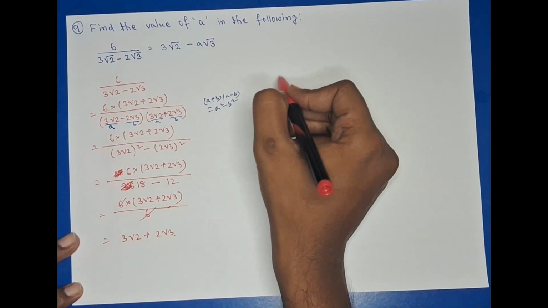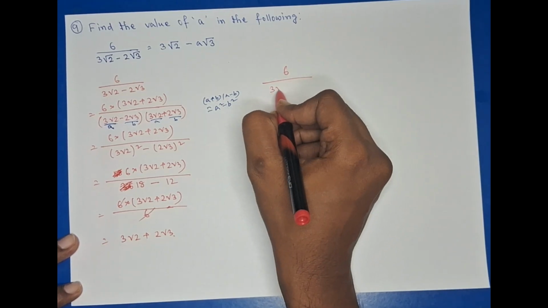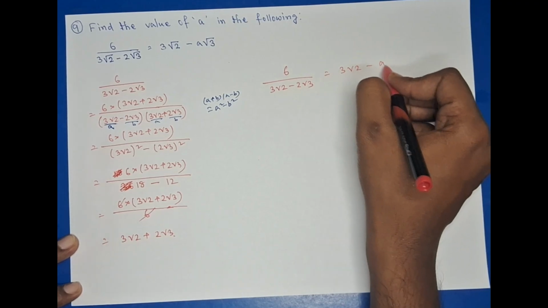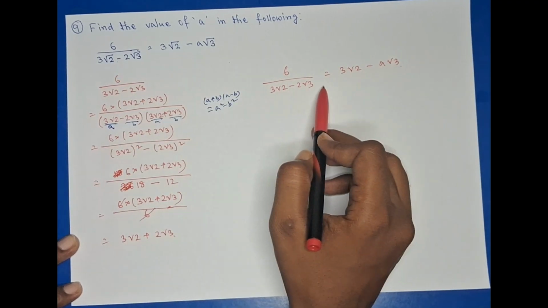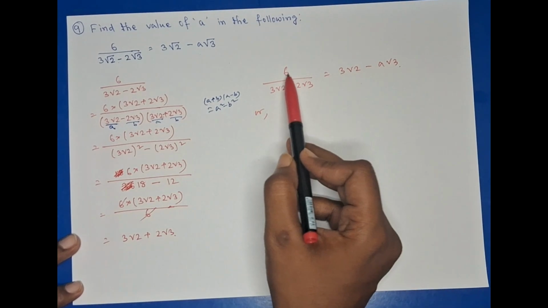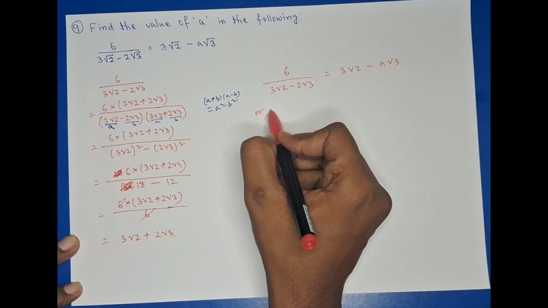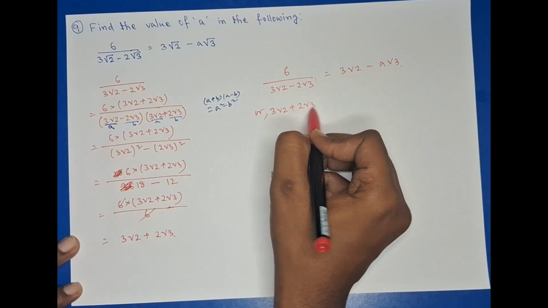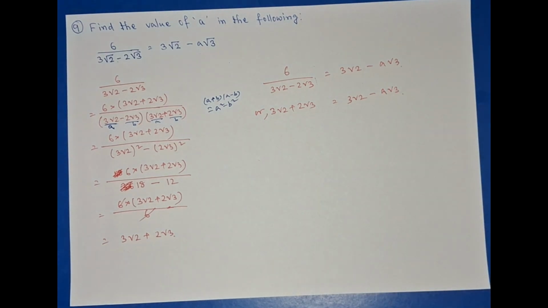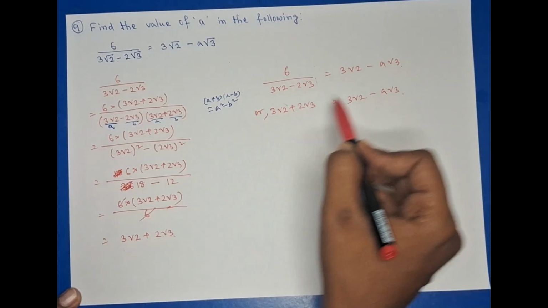So if we write 6 by 3 root 2 minus 2 root 3 is equal to 3 root 2 minus a root 3, the same thing I am writing here. What is the value of the left side? We have got it here: 3 root 2 plus 2 root 3 is equal to 3 root 2 minus a root 3. Now we will compare each part. This part is equal to this part.